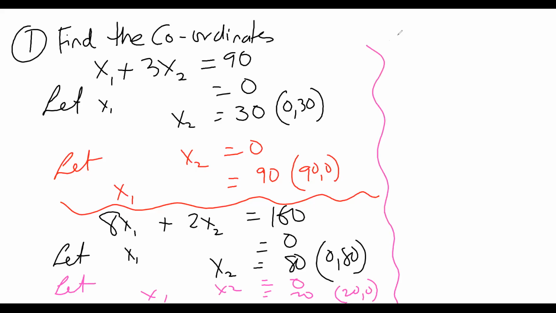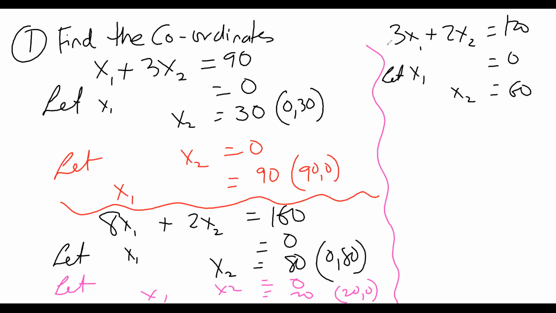You go to the next one, which is now 3x1 plus 2x2 equals 120. And you say, let x1 equal 0. Therefore, x2 equals 60. So your coordinate is 0, 60. Good. You go back again, and now you say, let x2 now be the culprit, that is 0.